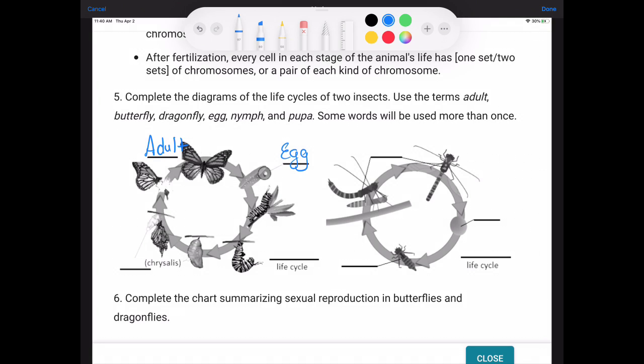The egg is going to become a pupa, which goes into the chrysalis, and then the adult butterfly. So we can label this butterfly life cycle. We can label this one dragonfly life cycle. And the dragonfly also starts as an egg, and instead of a pupa, it's called a nymph. And then we have the adult dragonfly.